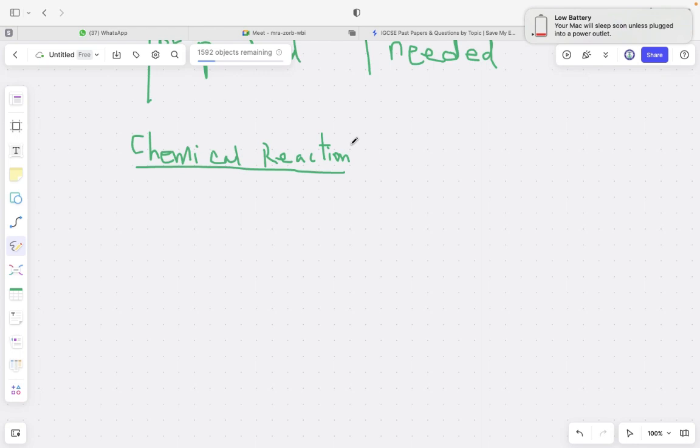In a reaction, the atoms of each substance are separated and put together again in different ways. We call this type of reaction a chemical change or chemical reaction. The atoms of each substance are separated and then put together again to form a new product.